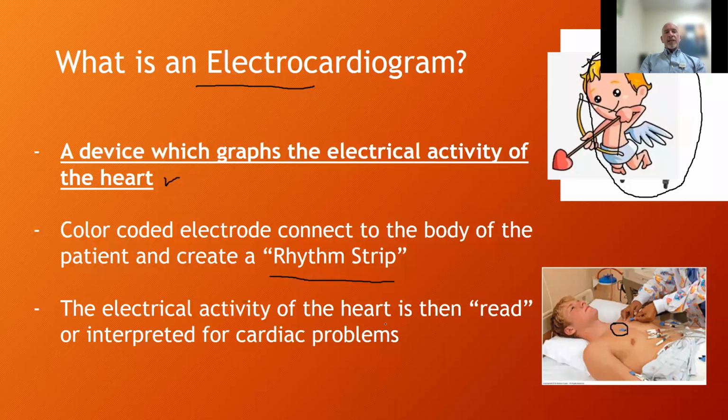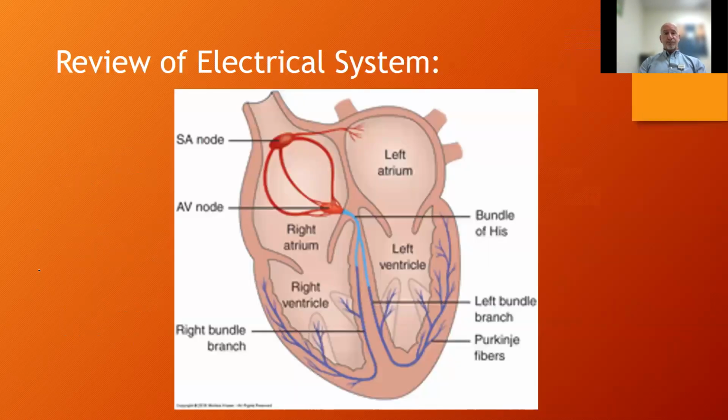We then read that rhythm strip or interpret the results, and that can tell us a lot about what is going on with the heart, to include mechanically as well as perfusion-wise. Because if you have a plugged artery in your heart, it's going to change the electrical pattern of your heart. I'll show you how that works.